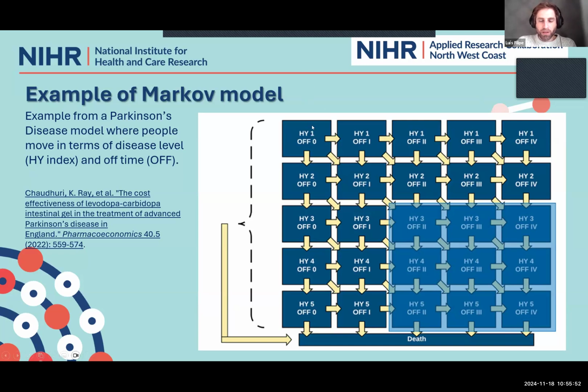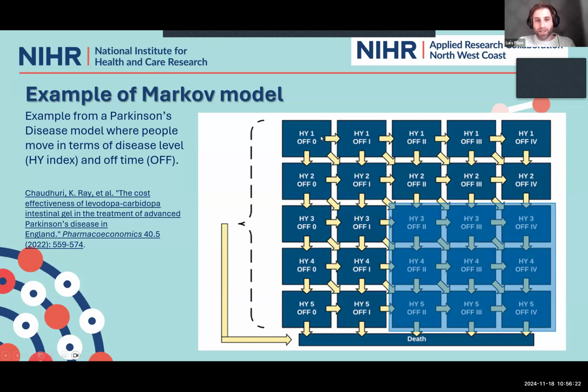So it could be from level 1 severity to level 5 severity. And they would also have off time, which is the time where people wouldn't be, I'm not an expert in Parkinson's, but the idea is that they are off. They are not able to do the things they usually do. The disease just doesn't allow them. And depending on the amount of time that they stay off, there would also be 5 levels.